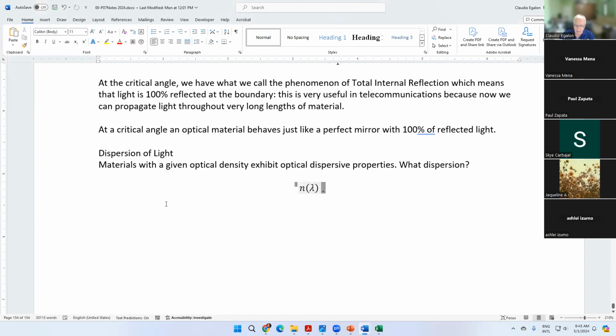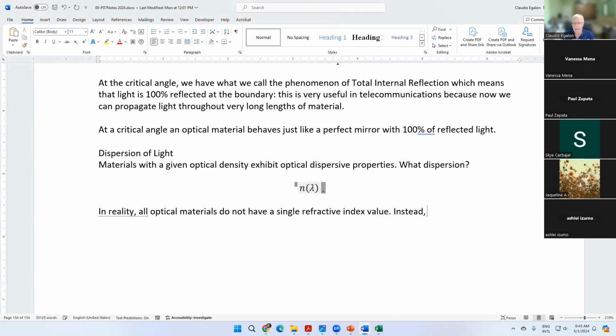In reality, all optical materials do not have a single refractive index value.